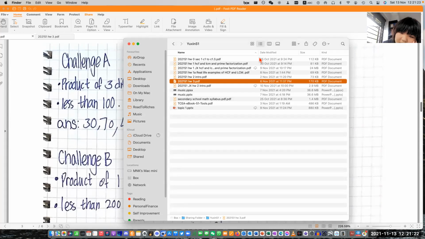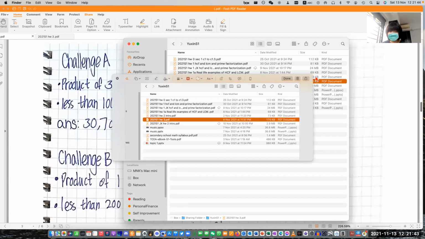That's how you read. It doesn't matter how you organize. You need to look at the title. So you don't know how to read. No. Okay.